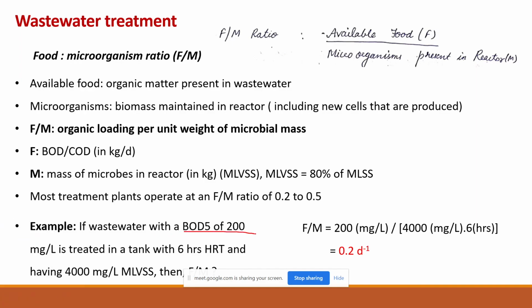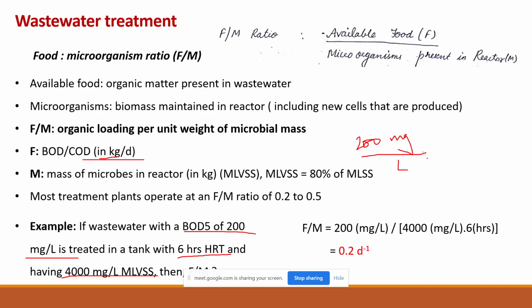See, the BOD is given as 200 mg per liter, HRT is provided as 6 hours, and MLVSS is 4000 mg per liter. Available food was your BOD or COD in kg per day, right? So for this, you will calculate BOD or COD in kg per day, correct? BOD is 200 mg per liter, fine.